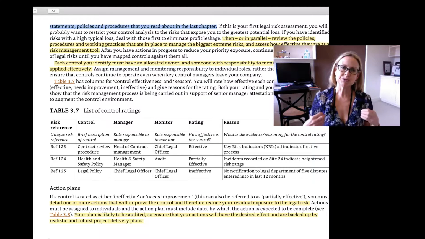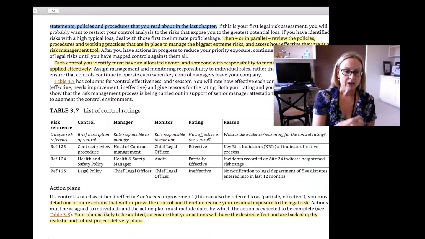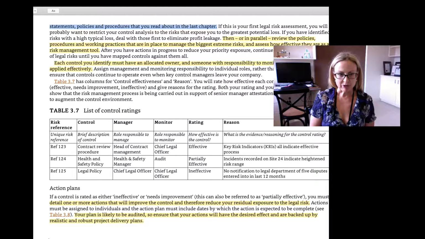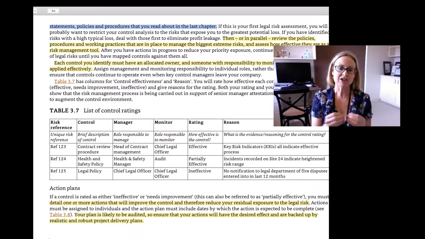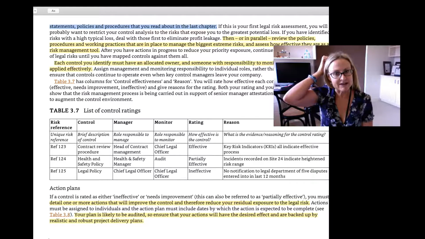it doesn't really prescribe any particular process for dealing with the control measures that need to be put in place. Whaley and Gazzellian have this nice little table in 3.7 where for every risk that they have rated, they go through and they put a description of the control, who actually has to take ownership of that control measure, who is responsible for keeping tabs on the implementation of that control measure, an assessment of whether or not it's working properly, and the reasons therefore.